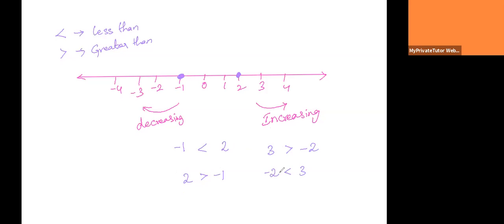Both are the same. You might ask, is there any other way of representing or comparing these numbers? We can also represent this like this. So these are the ways of comparing numbers.